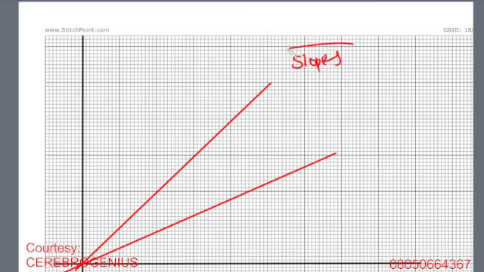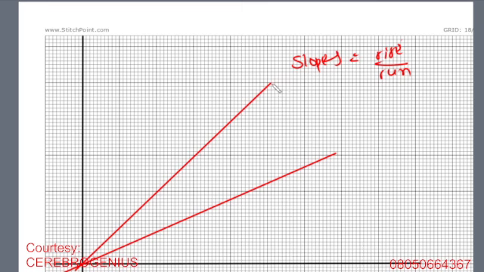So what is slope? A very important property of a straight line, and the slope is how bent your line is. Usually we define slope as rise over run. So how high does your line travel, and how far forward does it also travel?